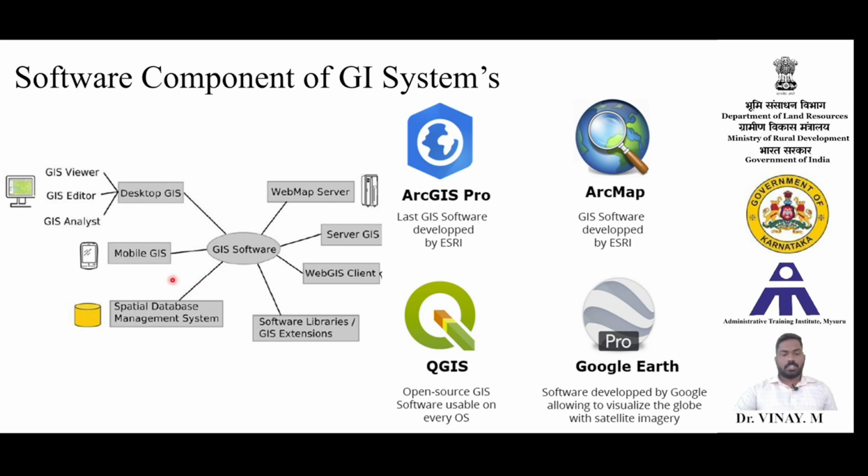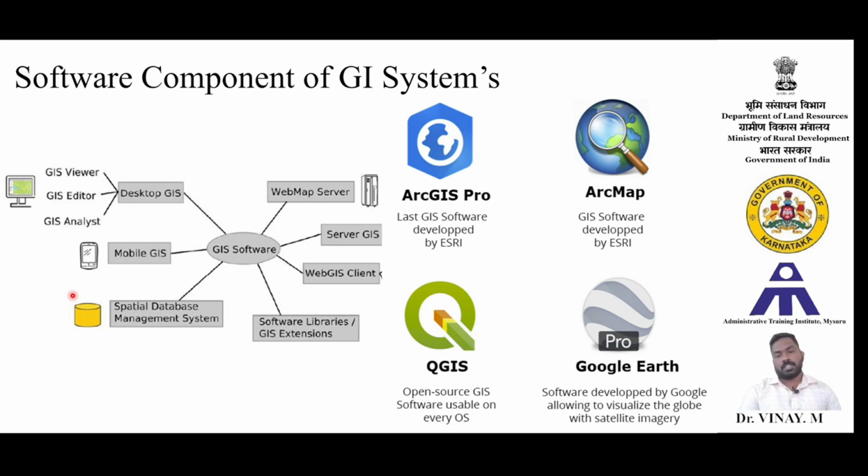Another category of software is the spatial database management system. We have different database management systems like MySQL, PostgreSQL, Apache Sedona, DuckDB, PostGIS. A lot of database management systems are there. If the size of our data is very small, then a database management system is not required.